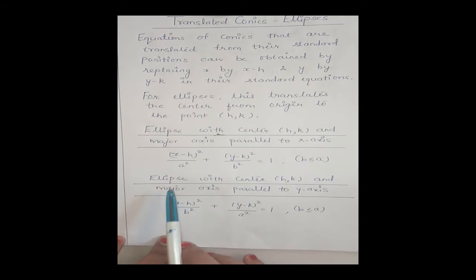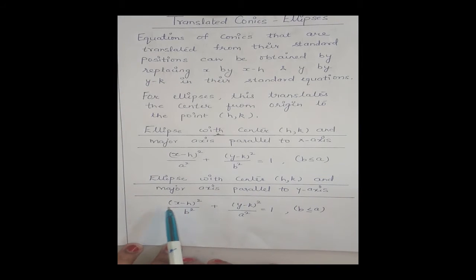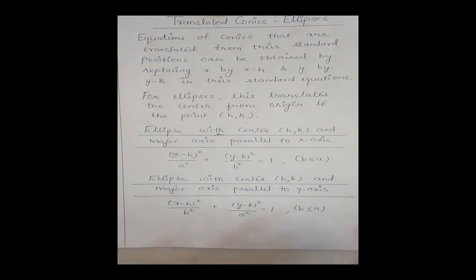Same way, for ellipse with center at (h, k) and major axis parallel to y-axis, its equation is (x minus h) whole square divided by b square plus (y minus k) whole square divided by a square is equal to 1. Here also b is less than or equal to a. In any case, we have b is less than or equal to a.